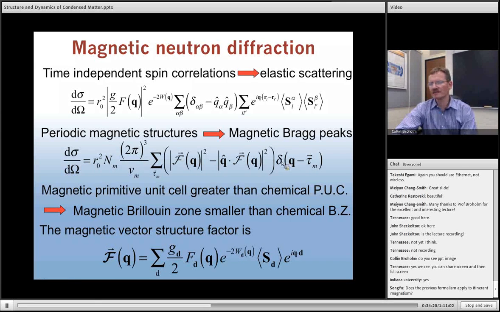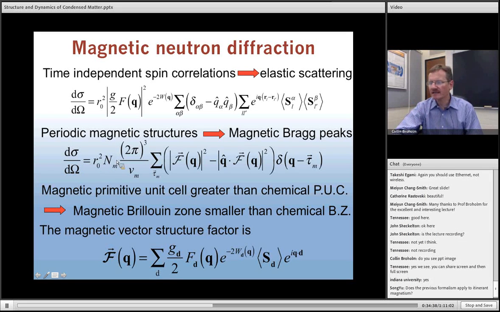So I have to sum over all of those magnetic reciprocal lattice points. I have this factor here, which is the number of magnetic unit cells, which might be different from the number of unit cells of the underlying structure, because I may have increased the size of the unit cell.